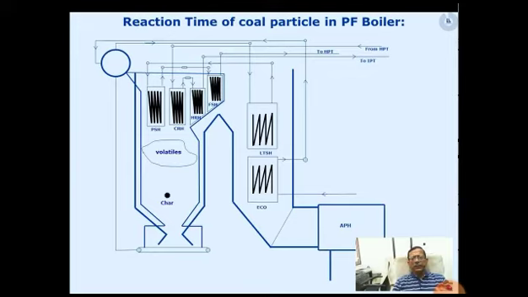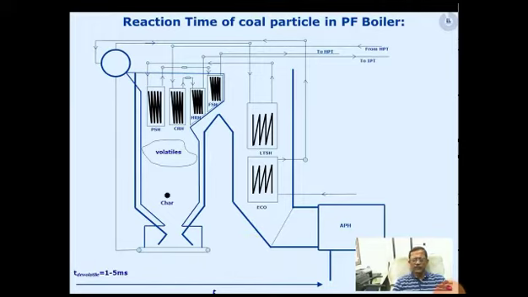Now there would be 2 combustion mechanisms here. One would be the volatile combustion, which is going to be a homogeneous combustion mixture, because volatile is gas, it is going to create a homogeneous mixture with air. And there will be a char combustion, which will be a heterogeneous combustion mixture, right? So if I talk about the total time, the removal of volatile, that is the devolatilization, is going to take very little time, within 1 to 5 milliseconds.